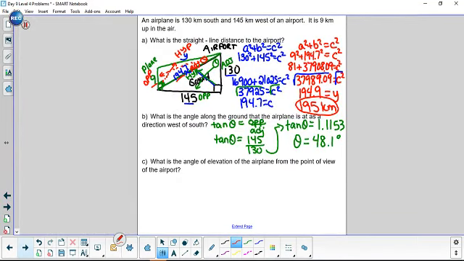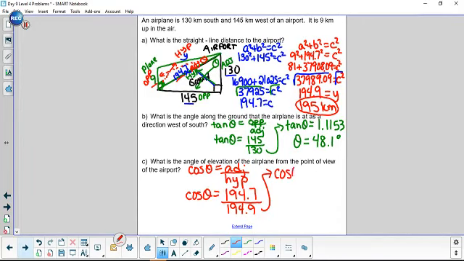If we choose to use cos, we're going to be using adjacent over hypotenuse. So if we use cos, the adjacent side was 194.7, the hypotenuse was 194.9. We divide those two numbers, and we get 0.9989.